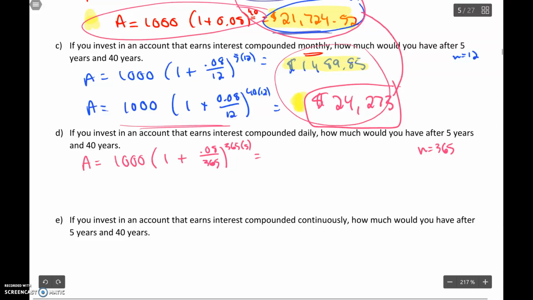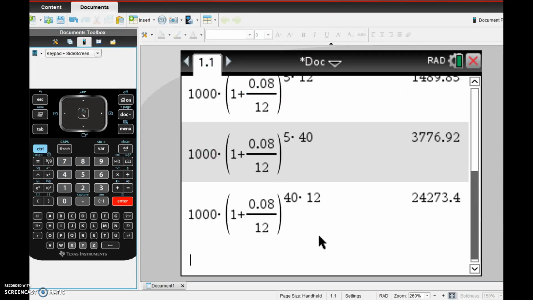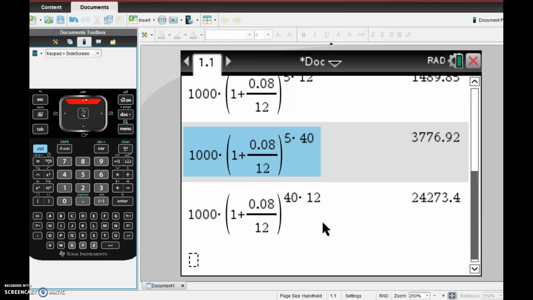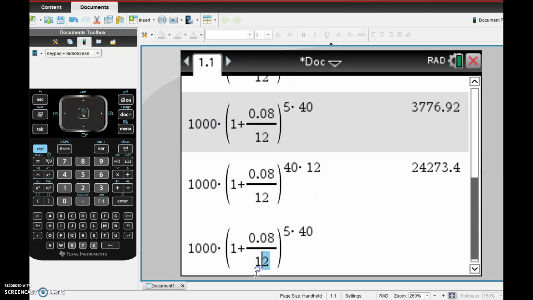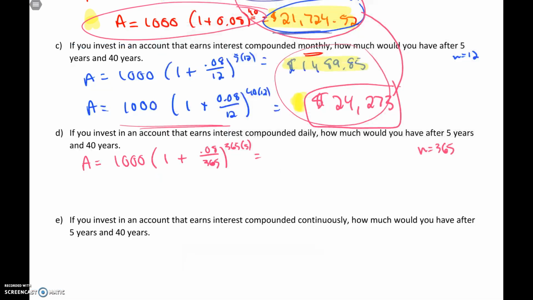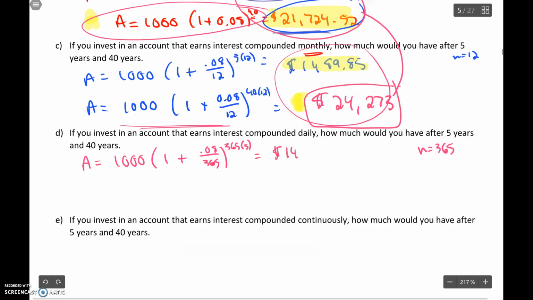So the question is, how much more do we get because we're compounding it a lot every single day? So 365 in 5 years, but we got to compound it 365 times per year. 149176.